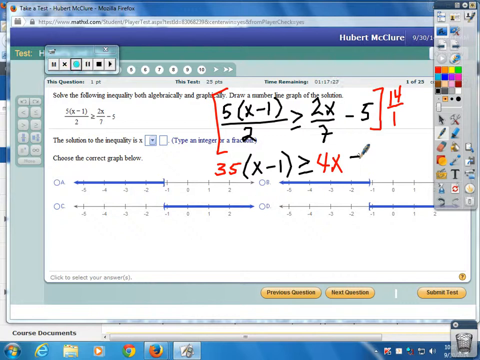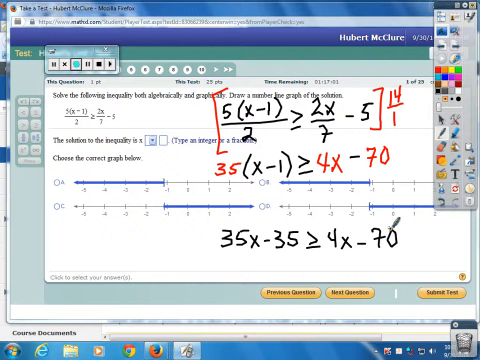Was it 70? Yeah, you're right, 70. Sorry about that. I'm just making sure y'all are awake. Okay. And distribute the 35, you get 35x minus 35 is greater than or equal to 4x minus 70.